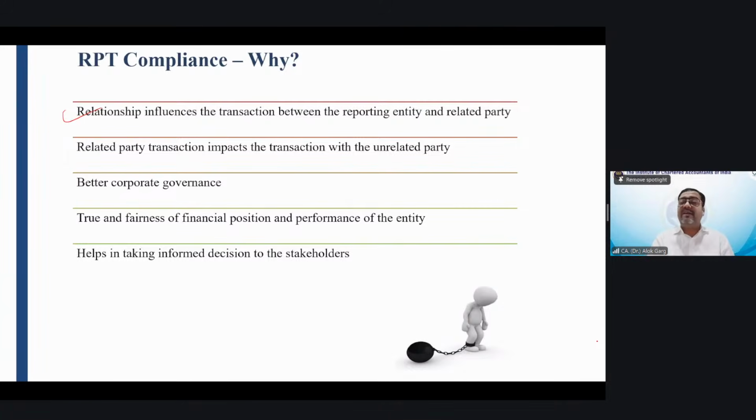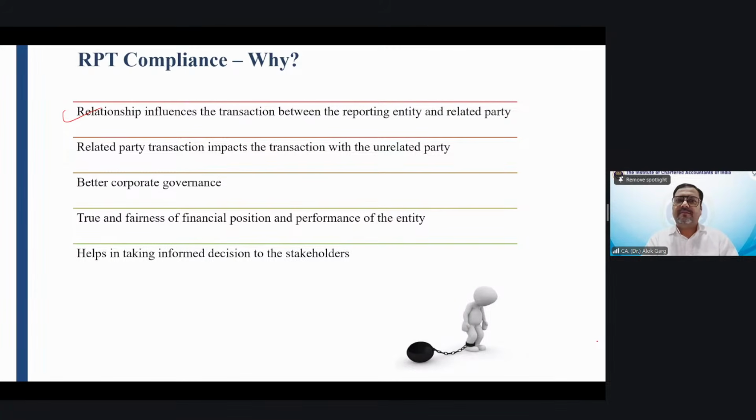Why should we deploy our funds, if tomorrow there is a default or there are losses, the banker's money will get lost? Why should our money get lost? So the parent told the subsidiary to issue invoices worth 400 crores to me.